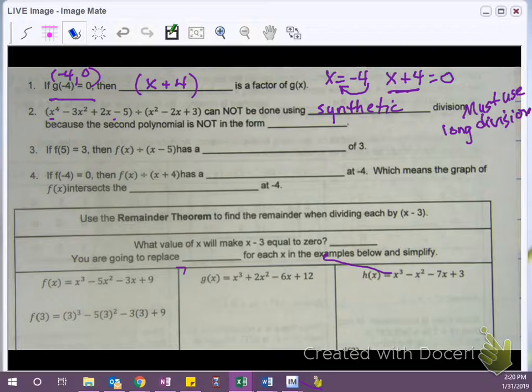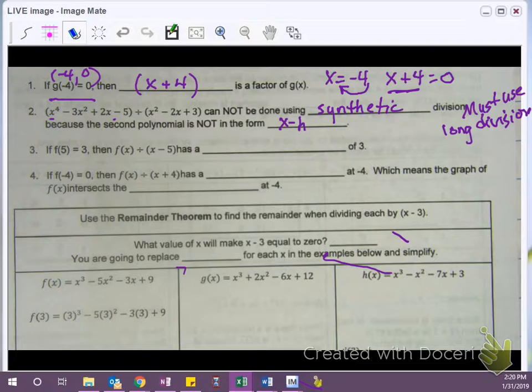And the reason that it cannot be done using synthetic is because the second polynomial here, which is the divisor, is not in the form x minus h. So it's not in the form of a linear factor. X minus 4, x plus 2, x minus 3. It is not in that form. It has to be in that form in order to do synthetic division.